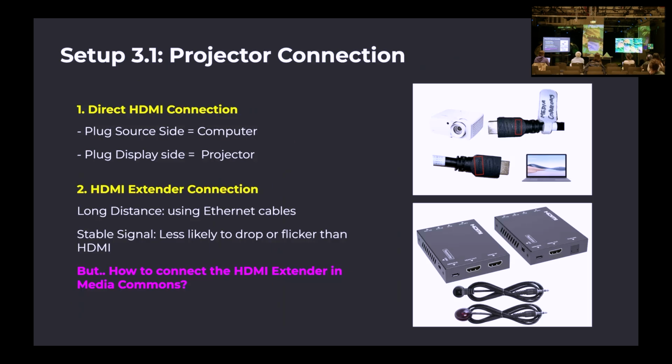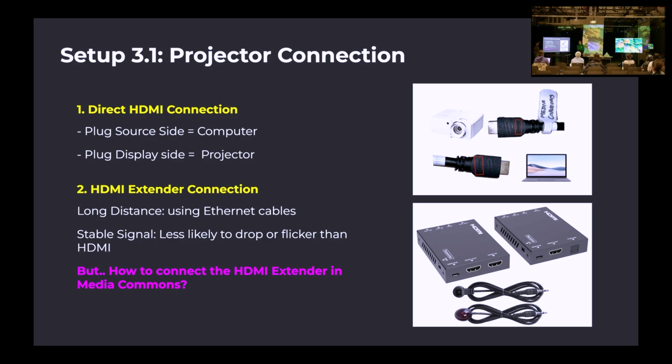And so, to make sure that your projector is connected to whatever source, there are 2 different ways to do it. Right now, we're using direct connection, which is just simply attaching an HDMI to the computer that we're using. There's going to be one side that's display, one side that's source.